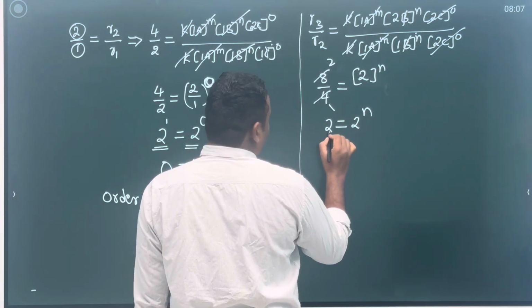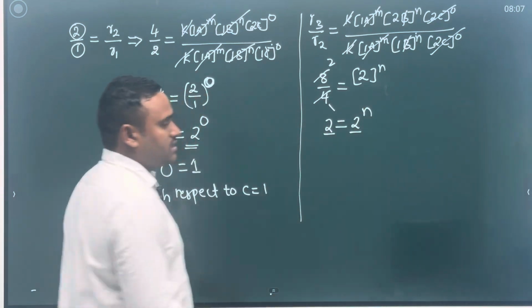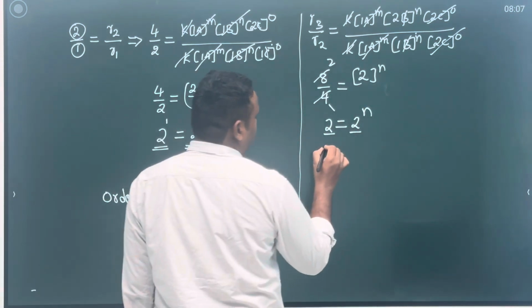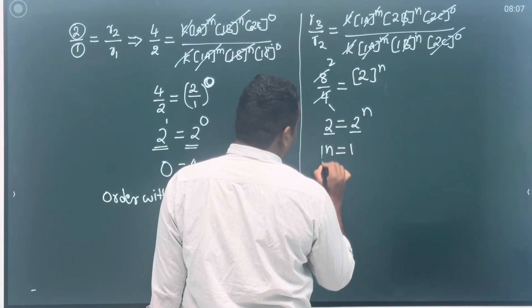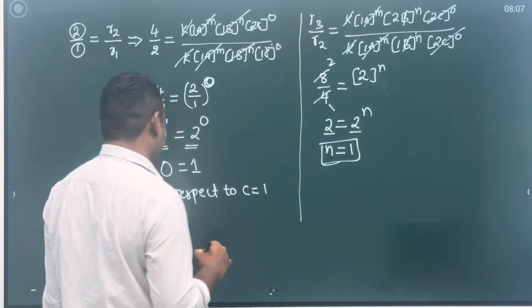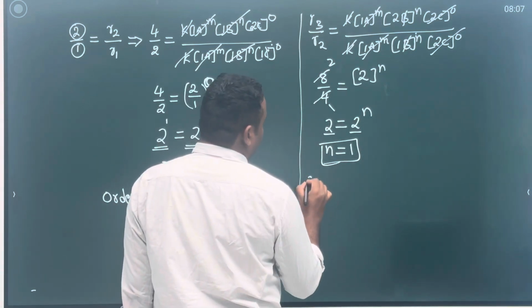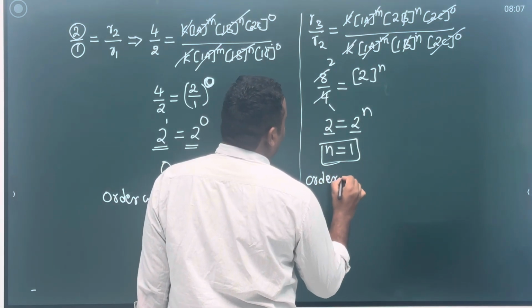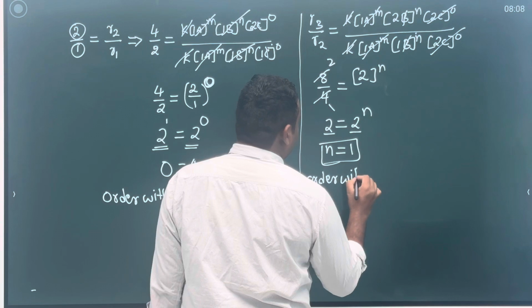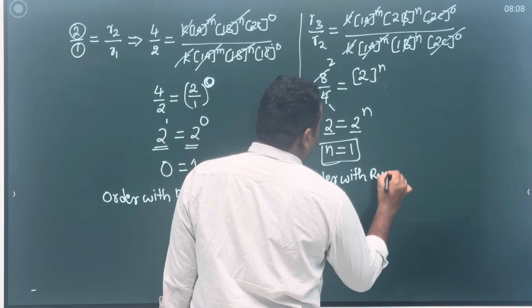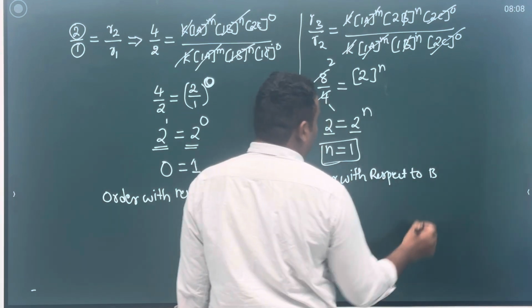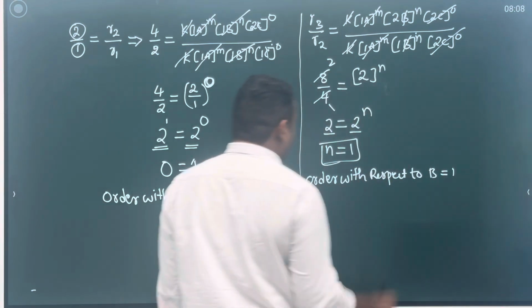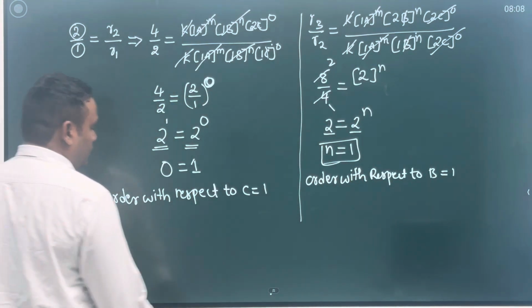Here also the bases are the same, means powers are equal, therefore n is equal to 1, which means order with respect to b is equal to 1.